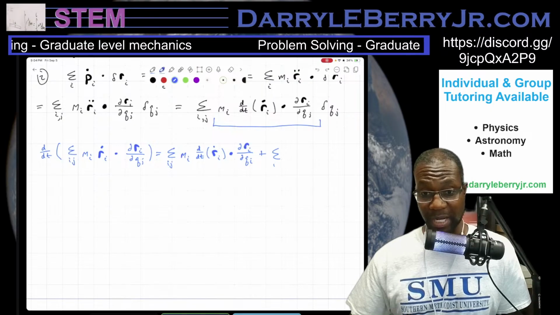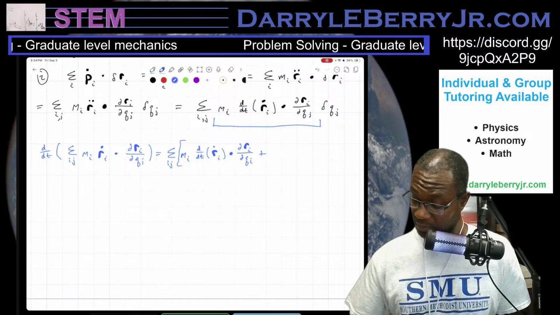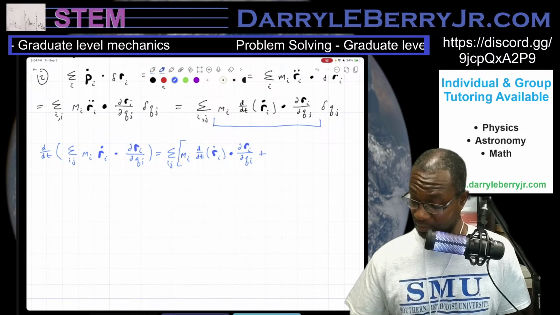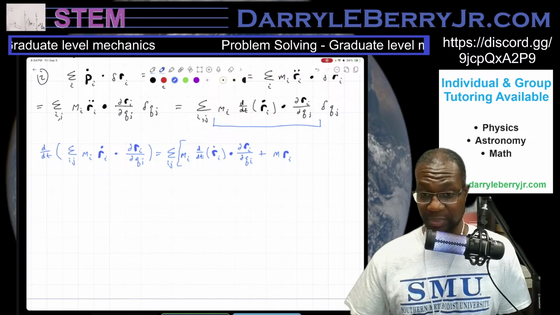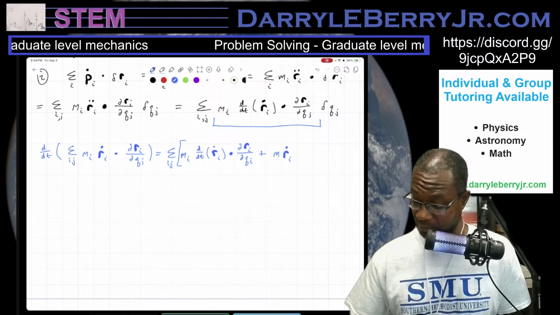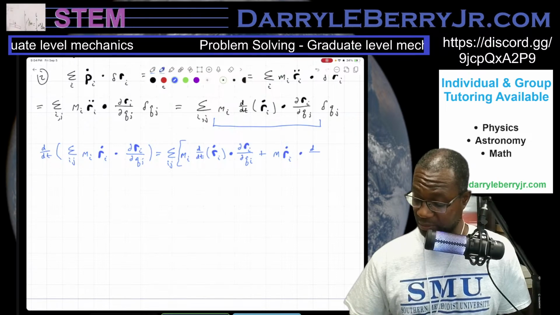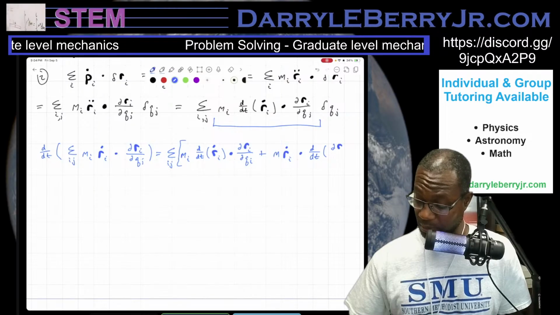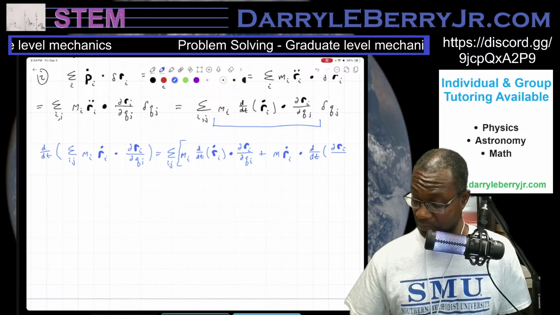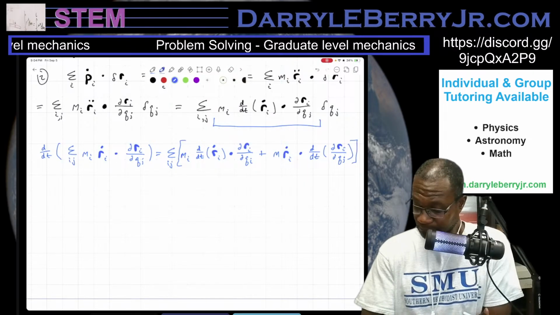The sum on the outside can cover both of these, so it'll still be the sum over i, j of m_i, r dot i, dot the derivative of the second part, d/dt of ∂r_i/∂q_j. And this is all in the summation.